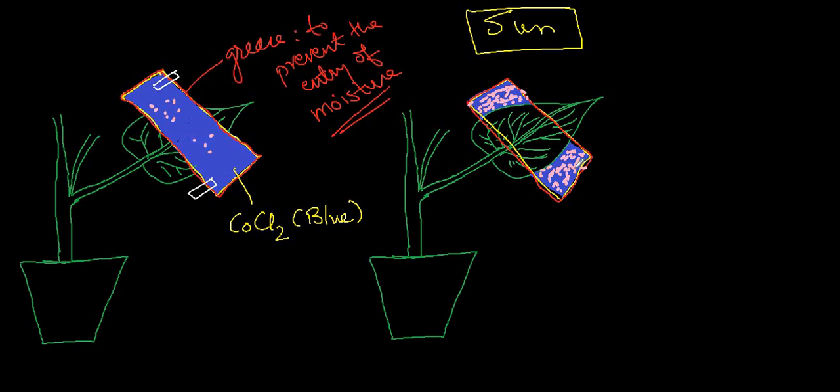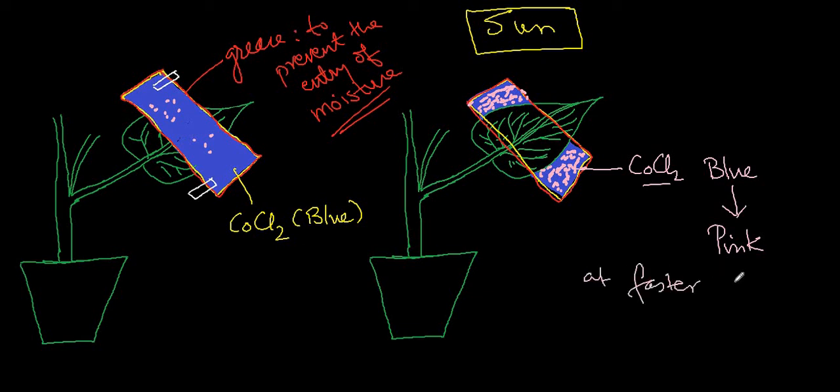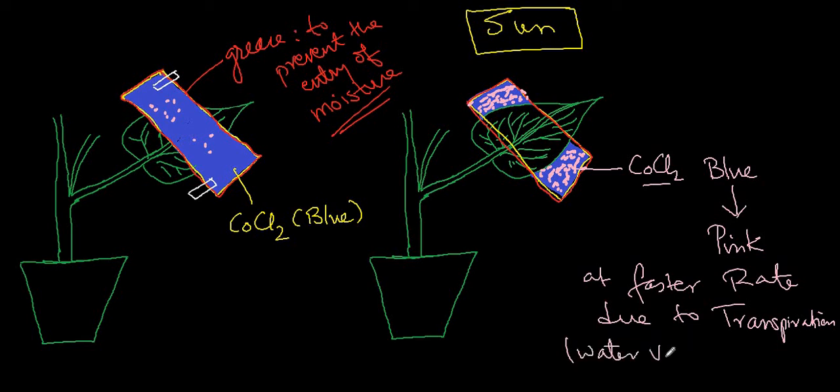So here cobalt chloride paper from blue turns pink at a faster rate due to transpiration, that is water vapor.